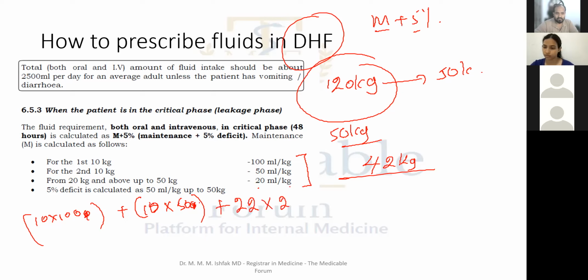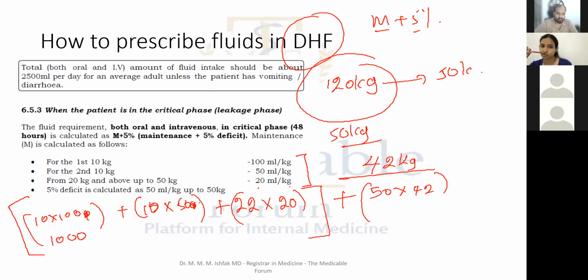So into 20. So this is your maintenance, plus 5% deficit is 50 mLs per kg. So 50 into 42, right? So this is 1000, this is 500.